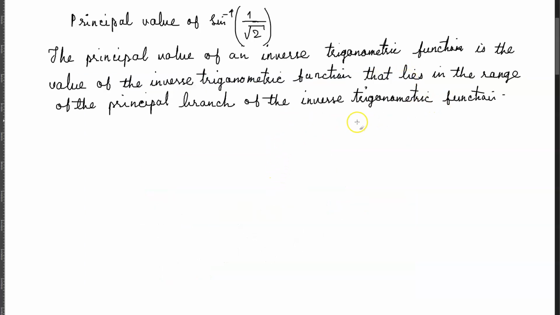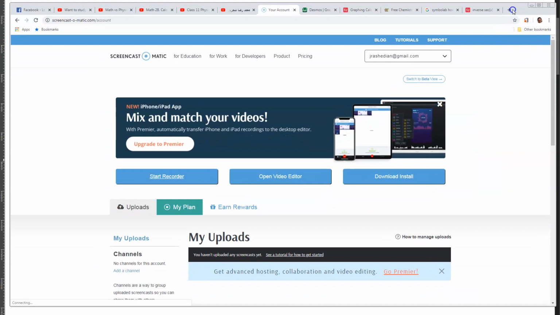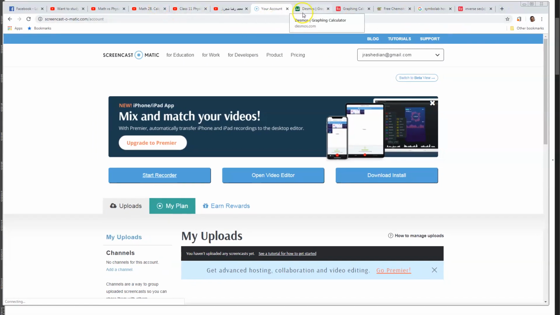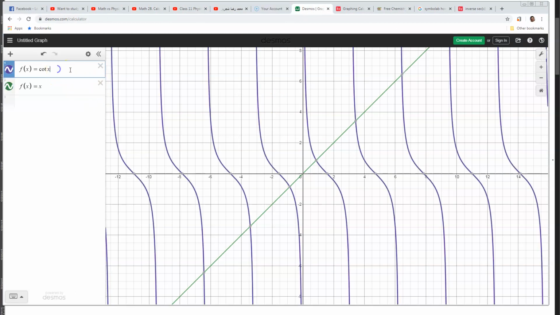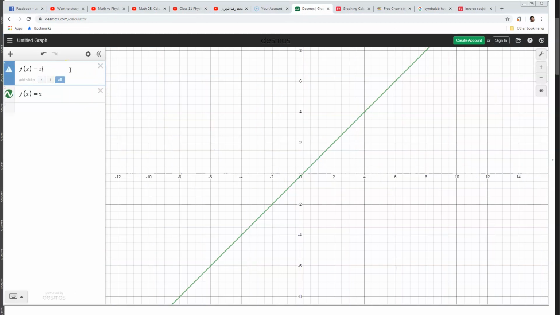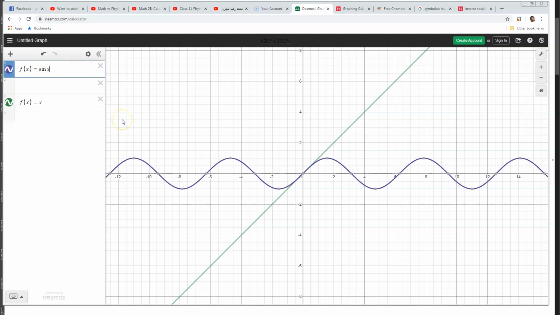We had the sine function, and we said that we would restrict the domain of the function to negative pi by 2 to pi by 2.